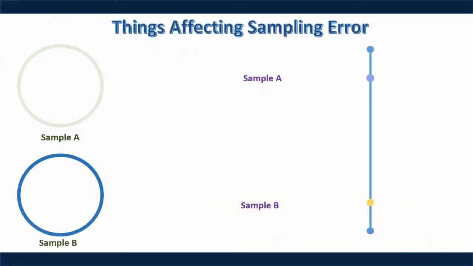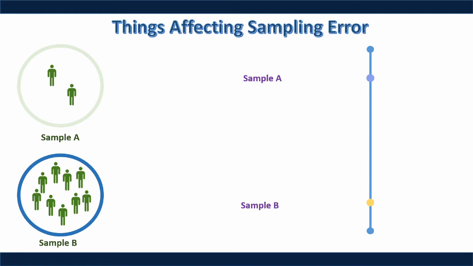Let me pose this question to you. What kinds of things do you think affect sampling error? To answer this question, you could think to yourself, what would cause more error in making an accurate prediction of the population level parameter? Let's look here at two different examples. Suppose I told you that in looking at attitudes towards media trust, one group of researchers asked just 200,000 people, whereas another group of researchers asked 900,000 people about their attitudes towards trust in media.